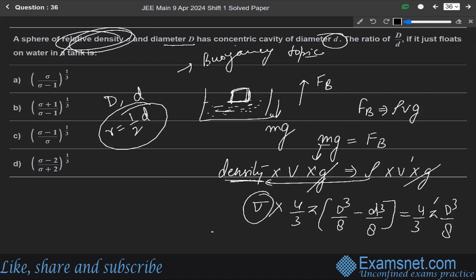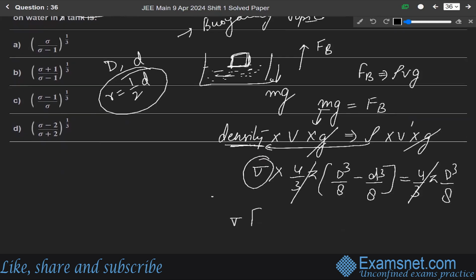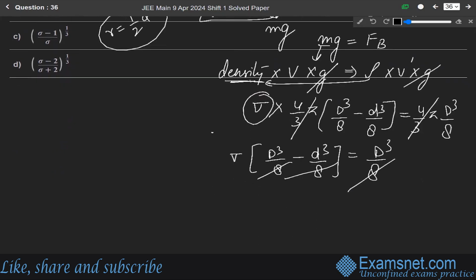Now 4/3 pi cancels out. So sigma times (D cube over 8 minus d cube over 8) will be equal to D cube over 8, taking 1/8 common, so the 8 cancels out. So we get sigma (D cube minus d cube) equals D cube.